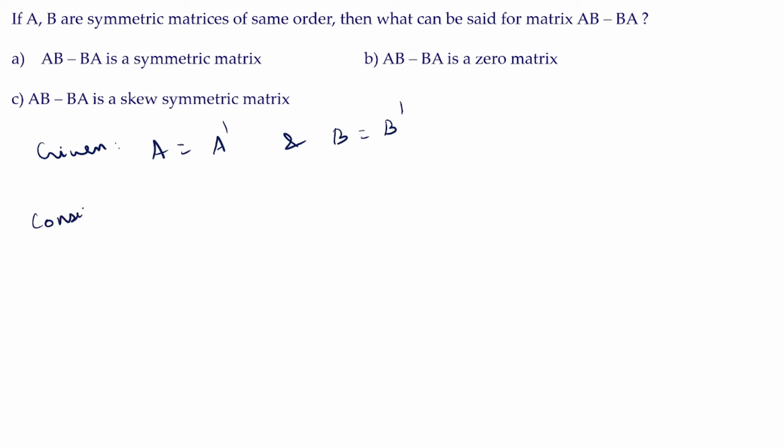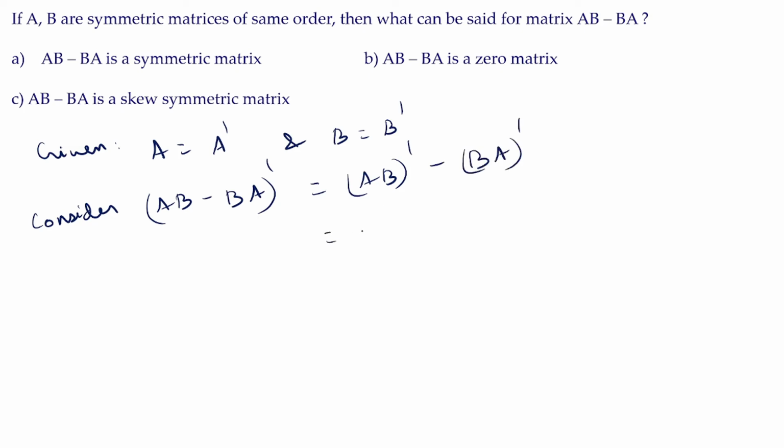So let us consider AB minus BA the whole transpose. So it is equal to AB the whole transpose minus BA the whole transpose. Using the property of transpose of a matrix, AB the whole transpose equal to B transpose into A transpose, and BA the whole transpose is A transpose into B transpose.